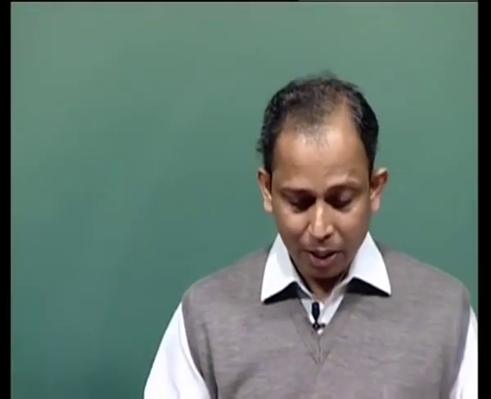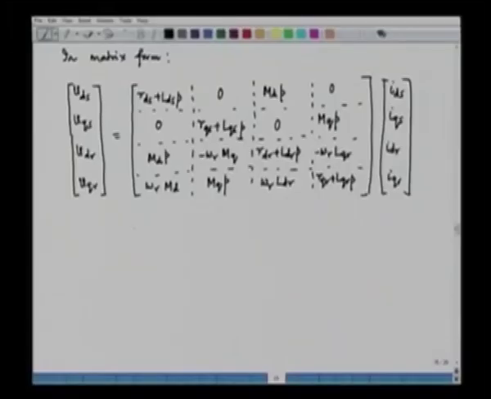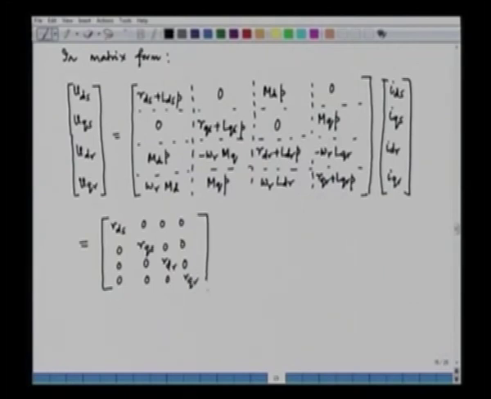So we can split this into 3 different matrices. We can have the resistance term here, RDS 0, 0, 0, 0, RQS 0 and 0, 0, 0, RDR 0, 0, 0, 0, RQR. So this is the resistance term.